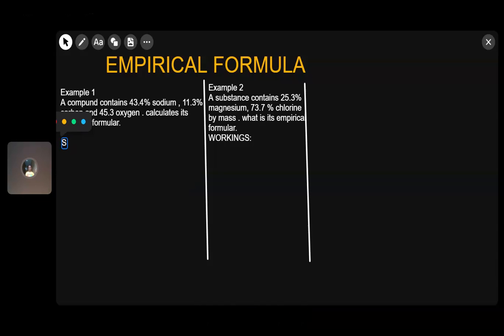Sodium, Na, equals 23. Carbon, C, equals 12.